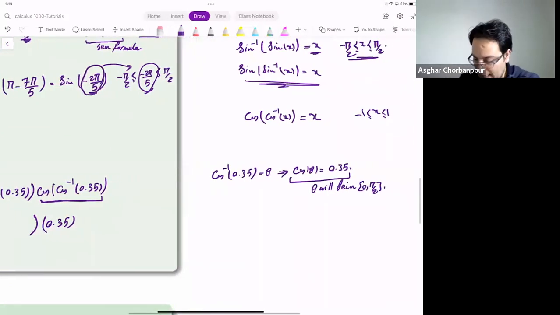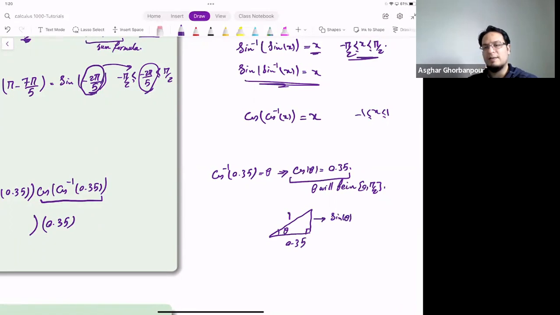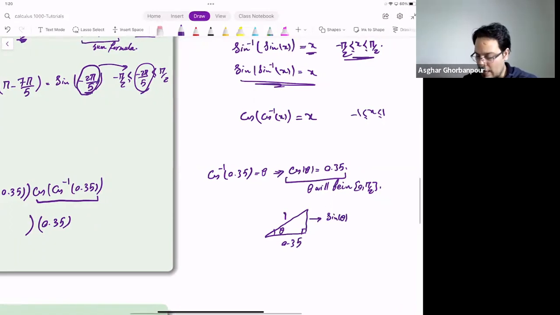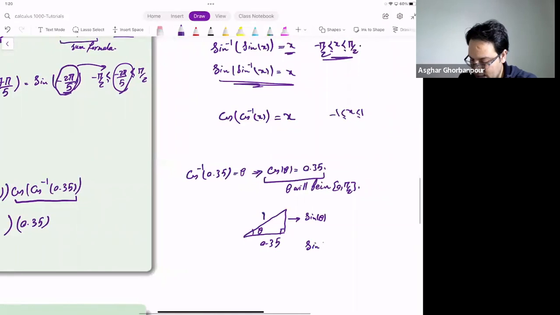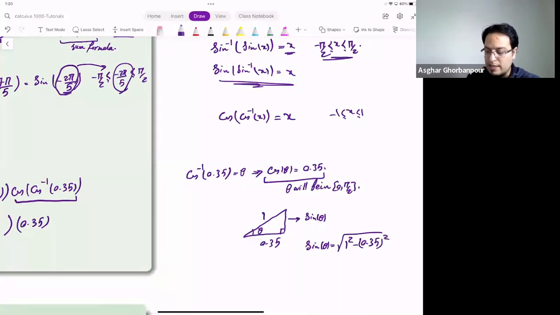Okay, so then I can draw a triangle for this. If this is 1, this is theta, this is cosine of theta, which is 0.35, and then here will be sine of theta. To use the Pythagorean theorem, sine of theta is going to be root of 1 squared minus 0.35 squared. Is it plus or minus?